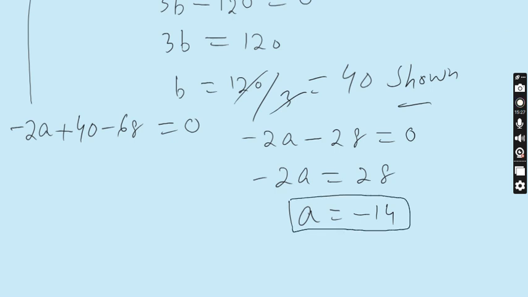So the value of b is 40 and the value of a is minus 14. This is the complete answer of part 1.